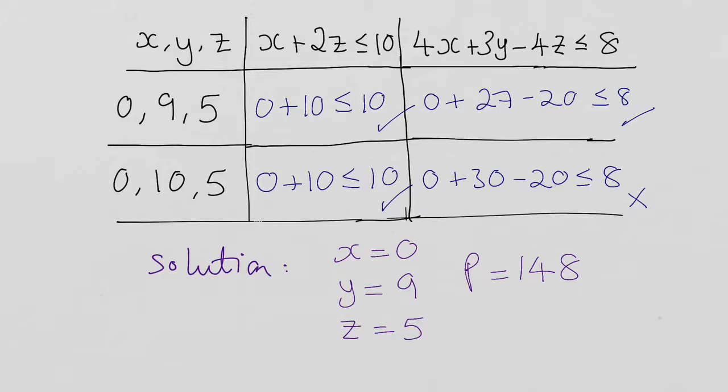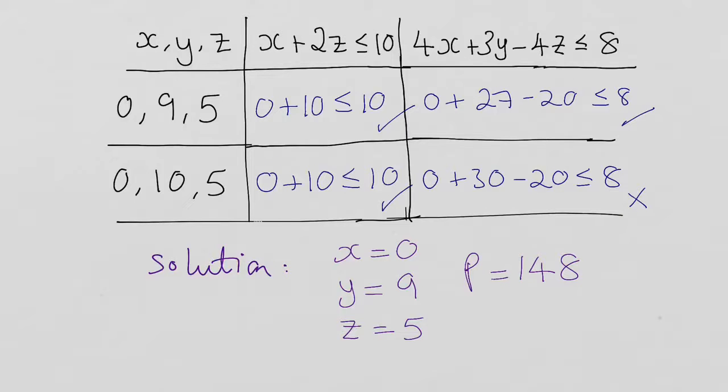If both of these worked, you would plug 0, 10 and 5 in as well, and you would choose a solution which gave you the maximum profit, and it obviously would be that one if it was feasible. I hope that helps a little bit and explains Simplex in a bit more detail.